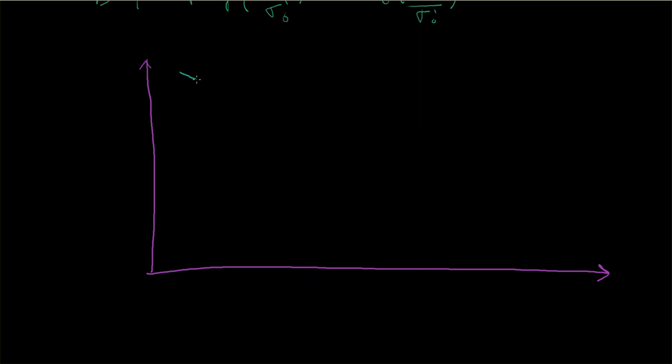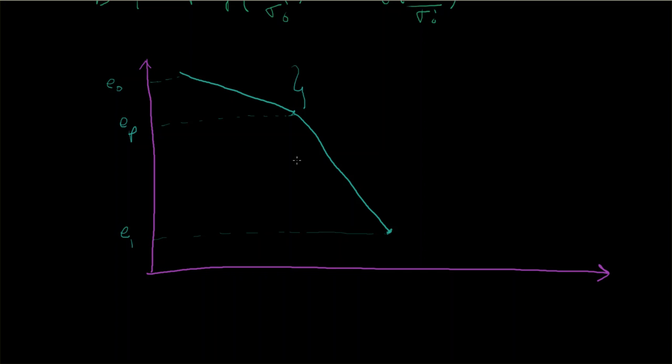We could say this is E0, this is EP, then we want this point.